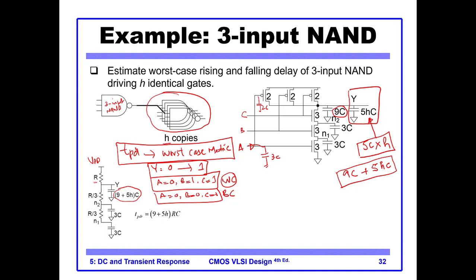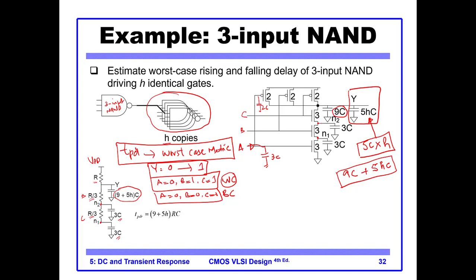So we have R by 3, again R by 3, and these two capacitances 3C and 3C. This is node N1, this is node N2. These two transistors are turned on, and the lower transistor is off. So this is the equivalent circuit.